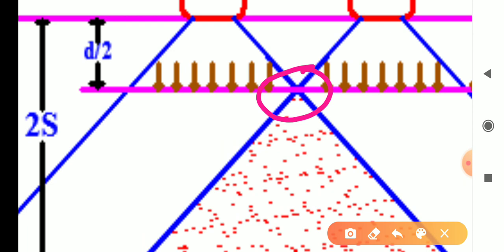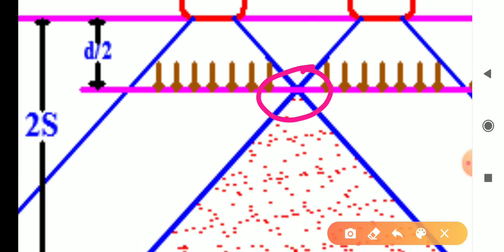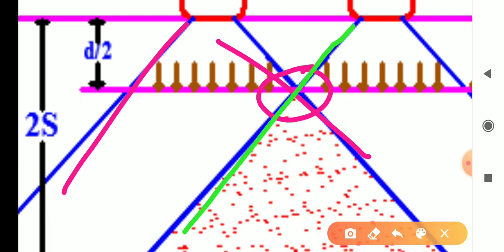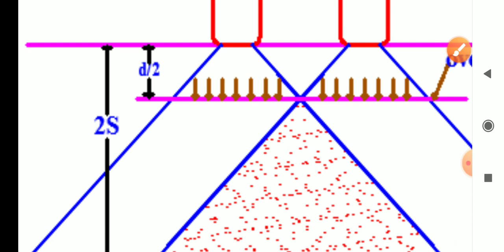So here, this stress overlaps with this stress. So when it crosses the d by 2 point, up to d by 2 the single P will be acting, because of that single wheel load, stresses will act individually.